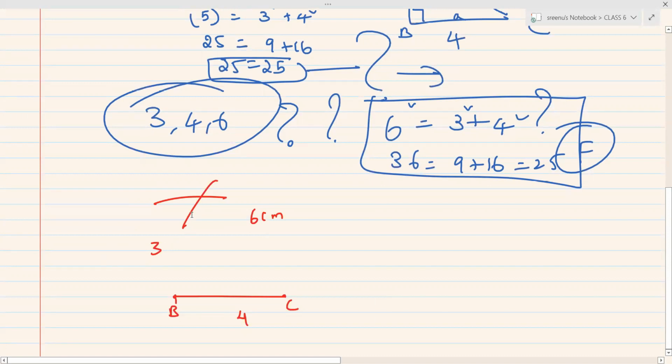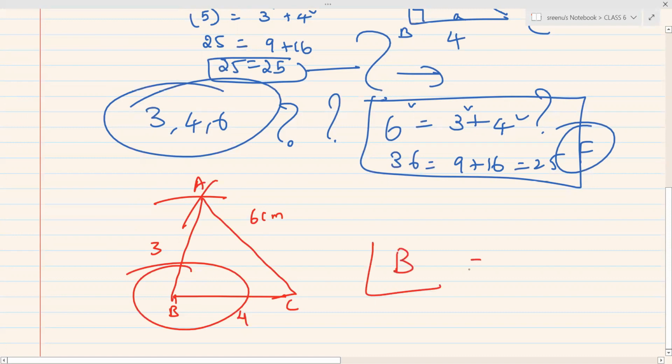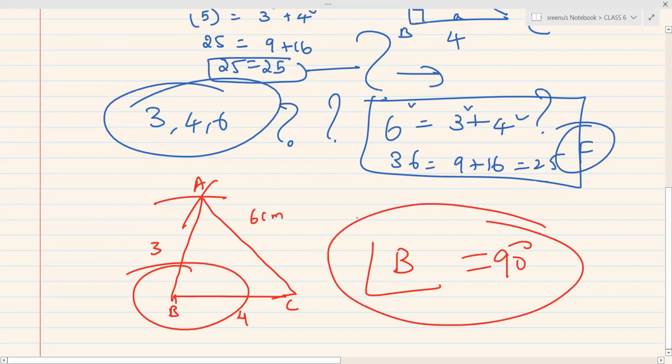It cuts at A. Then let us join this. So the triangle comes like this. Then what is our task? Angle B should be 90 degrees. But here, how much did we get for angle B? We don't get 90. Either greater than 90 or less than 90. So we don't get angle B 90. So these are not Pythagorean triplets.